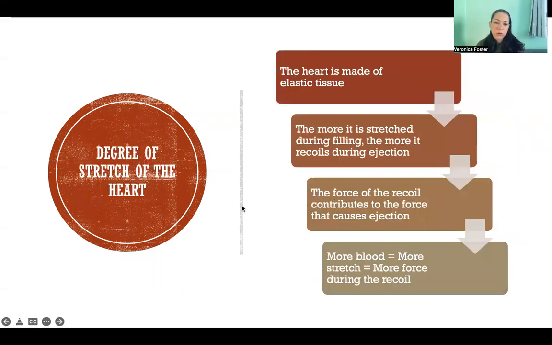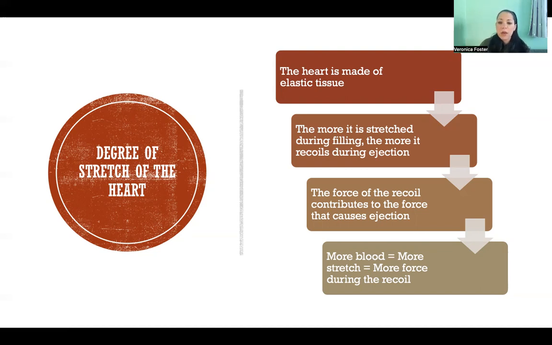So first is the degree of stretch of the heart. So the heart is made up of elastic tissue, and anything that's elastic means that when we stretch it, once you release whatever is causing the stretch, that tissue will recoil back to its original shape. So that recoil is applying force when the heart is stretched, so it's stretched by being filled with blood, when the valves open and that blood is ejected, that recoil is contributing force to the ejection of that blood.